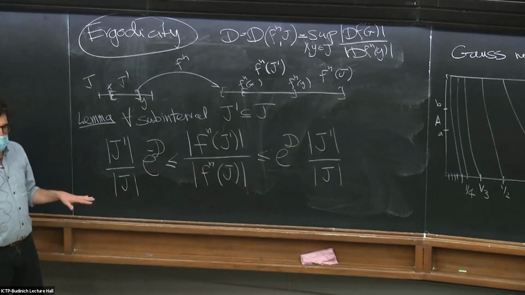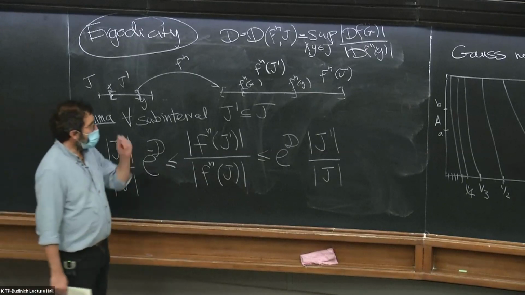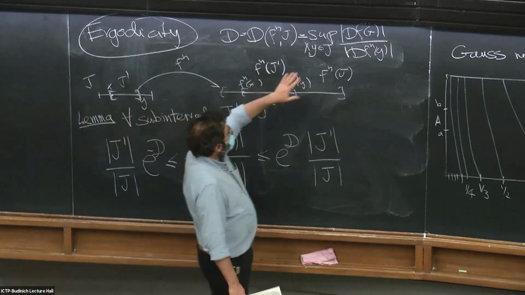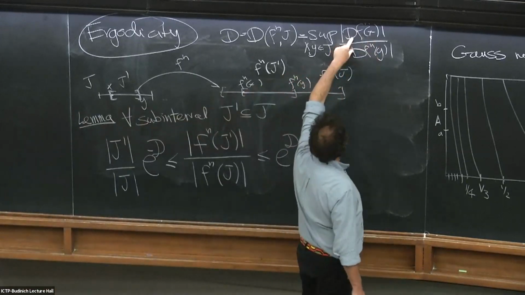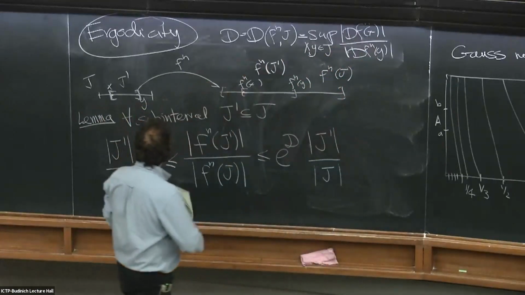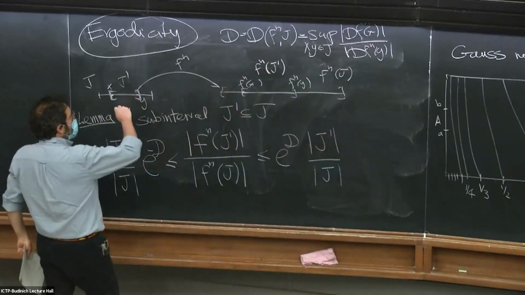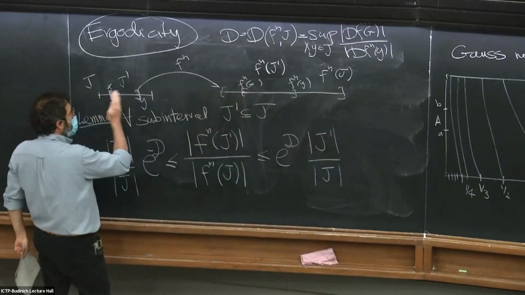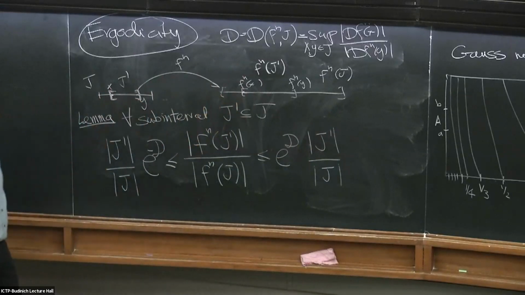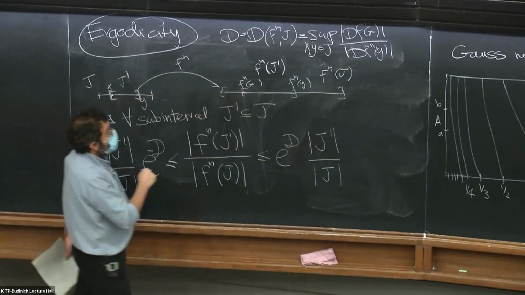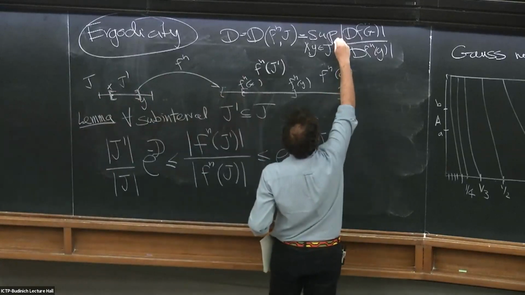Right, so in the affine case, we have that the distortion is equal to 1, because if this map is affine, it means the derivative is constant. That's what we mean by affine. So it means that this ratio is 1. Sorry, this should be log here.